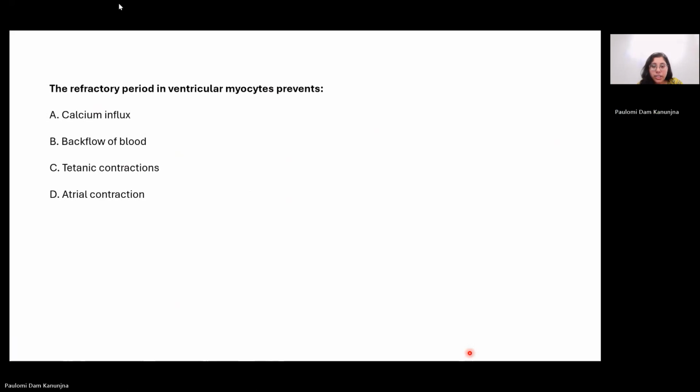Let me again re-edit the question. So there's a refractory period in ventricular myocyte, right? What does it prevent? So the options are calcium influx, backflow of blood, atrial contraction, or tetanic contractions.